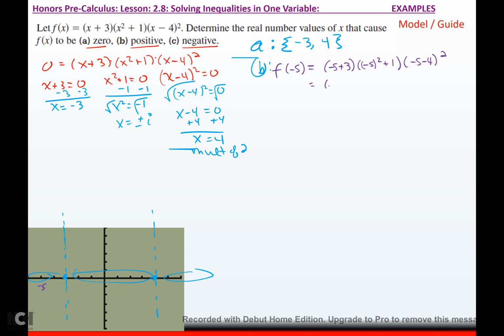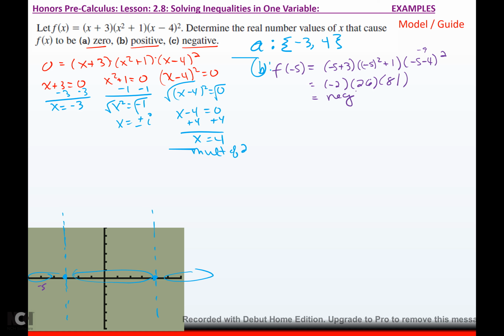So if I do that math, I get -2. This is going to be 25 plus 1 is 26. -5 minus 4 is -9, squared is 81. When I multiply all those together, I don't really care what it is, I just care about the sign. This is going to be a negative times a positive, which is going to be negative.